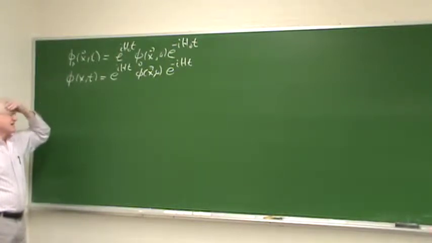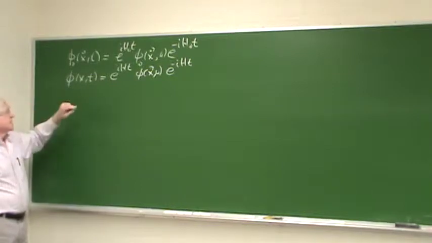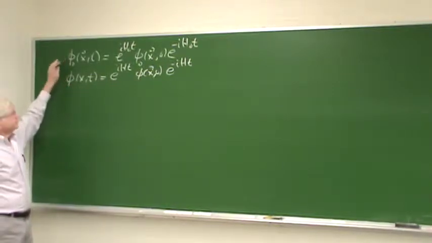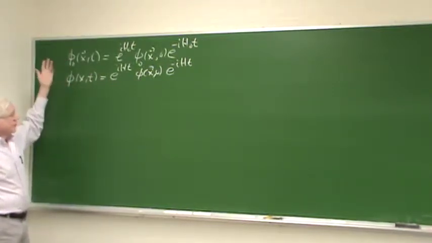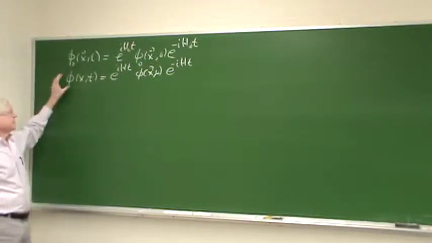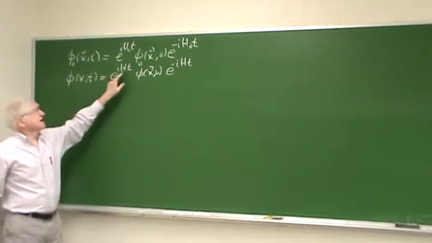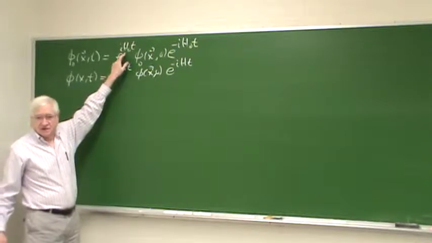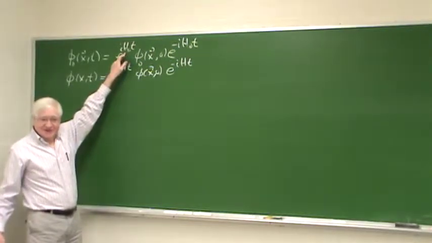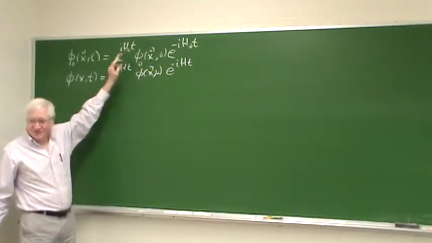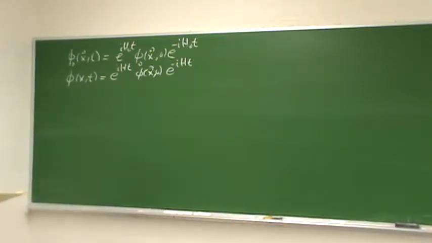I'm not big on these names and these pictures, but anyway, they evolve according to the Hamiltonian of the theory. If we're in the full theory, then it's H, and if we're in the theory we can actually cope with, say, H0.